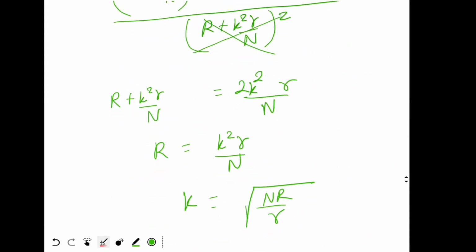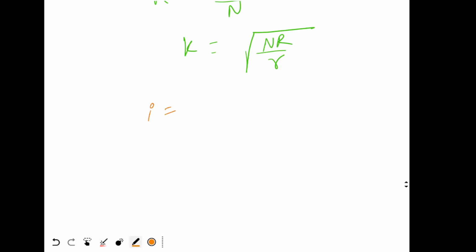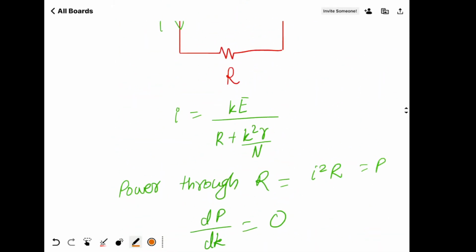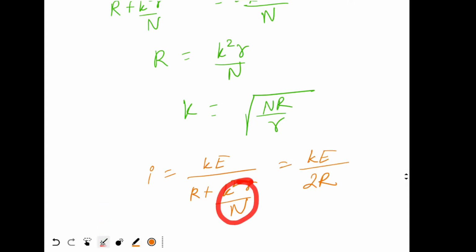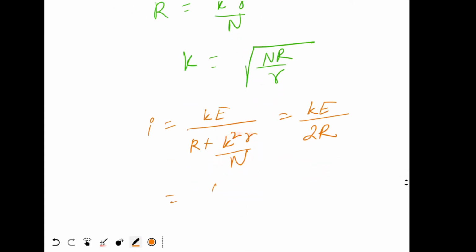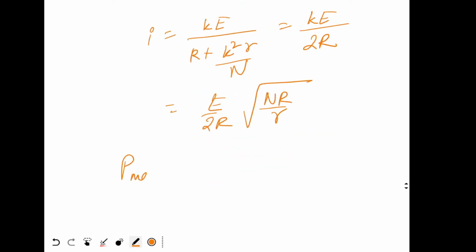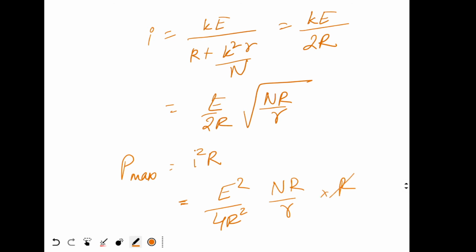So let's first find the current I. Current I will be KE by R plus K square R by N. Since K square R by N is equal to capital R, this is equal to KE by 2R, so I is E by 2R root of N R by R. The maximum power P max will be I square R, so E square by 4R square into N R by R into R. R gets cancelled out.